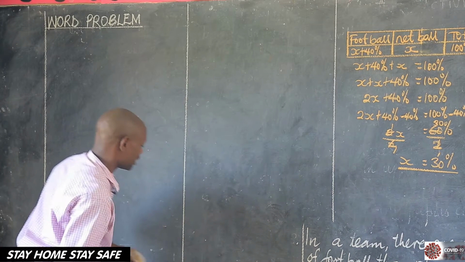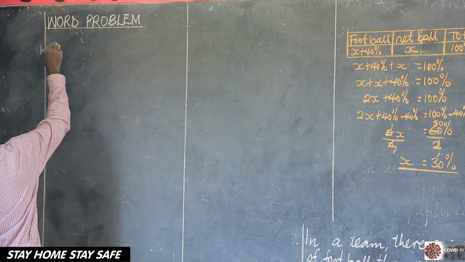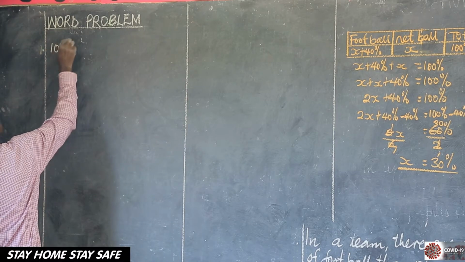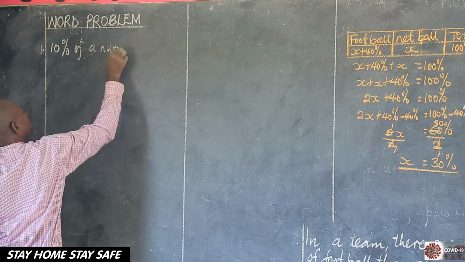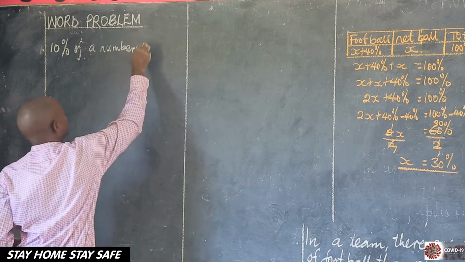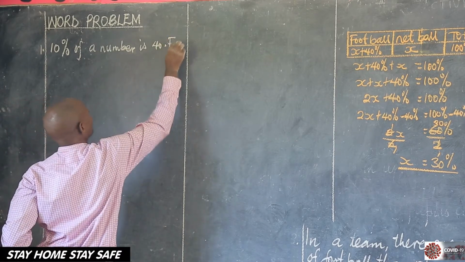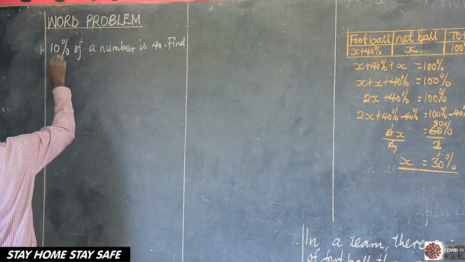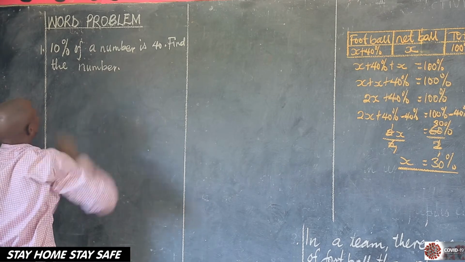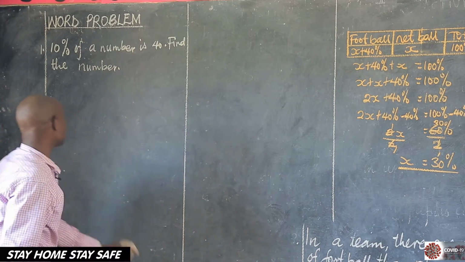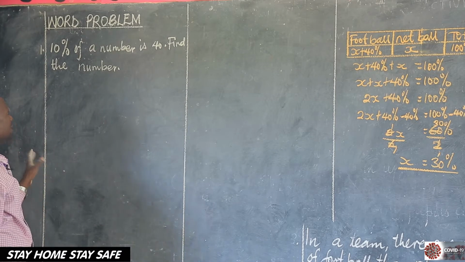For example, I may tell you that 10% of a number is 40. Then I say find the number.